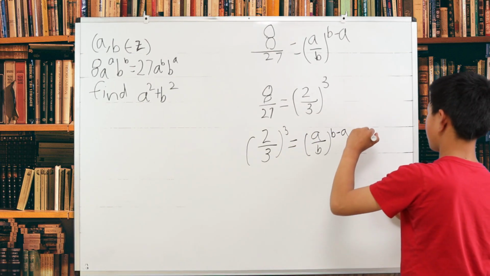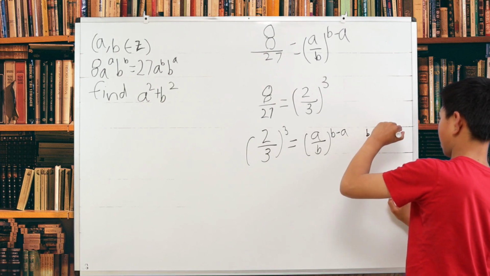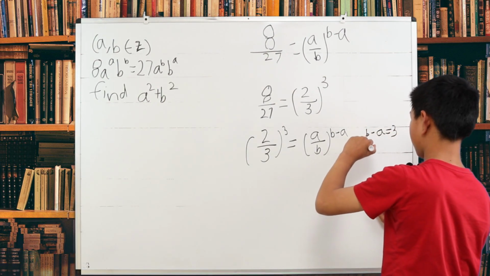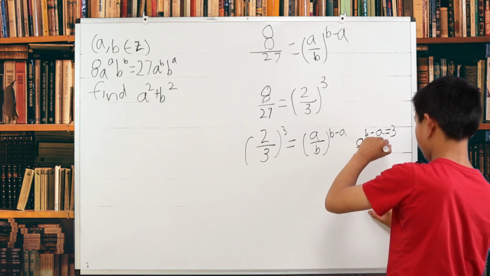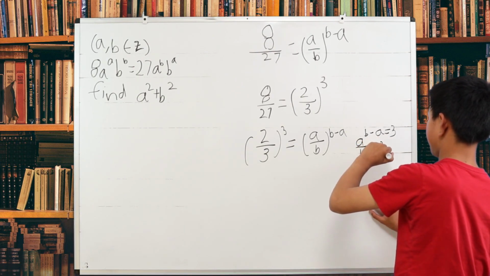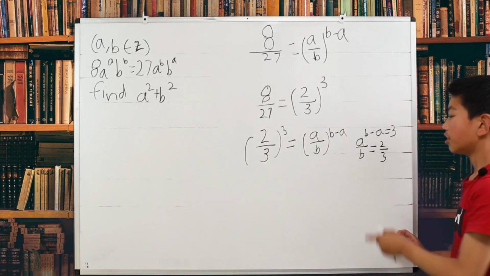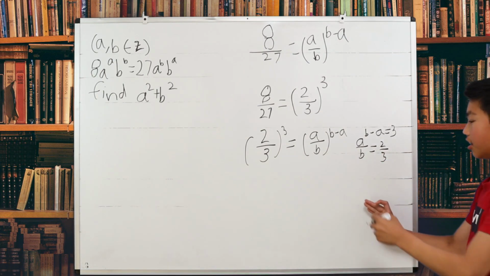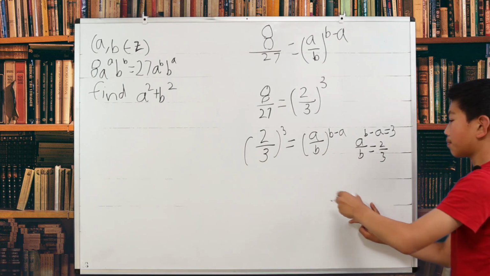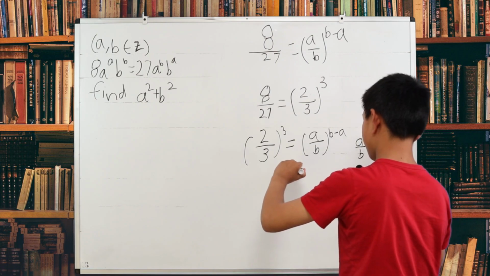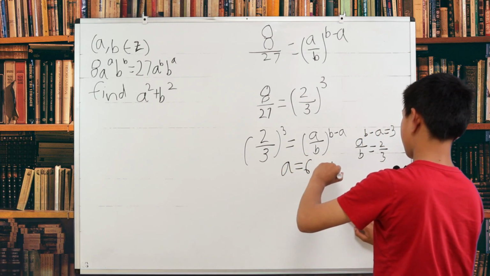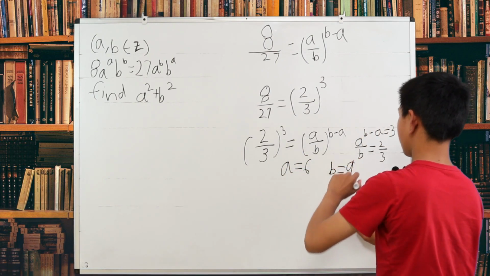So b minus a is 3, and a over b is equal to 2 over 3. And in this case, this works. When you solve this, a is equal to 6, and b is equal to 9.